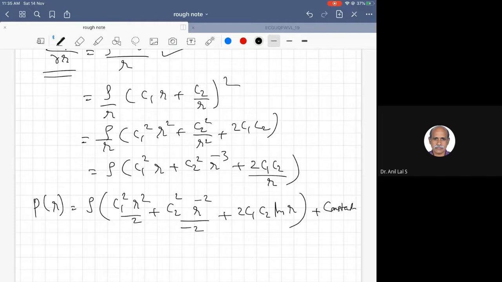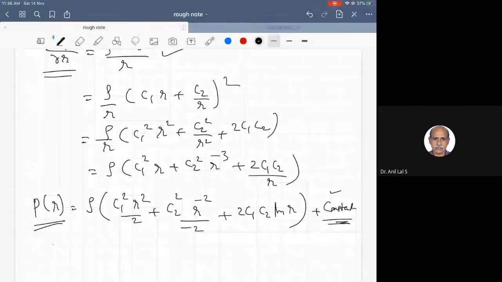If we have pressure at some point at a given radius, this constant can be fixed, or it can be arbitrary or even taken as zero. So we get the radial pressure variation by this equation. The radial momentum equation gives the pressure variation along the annular gap.